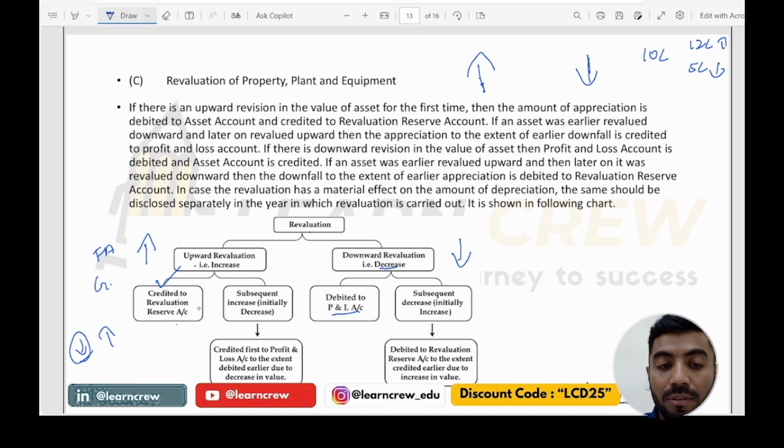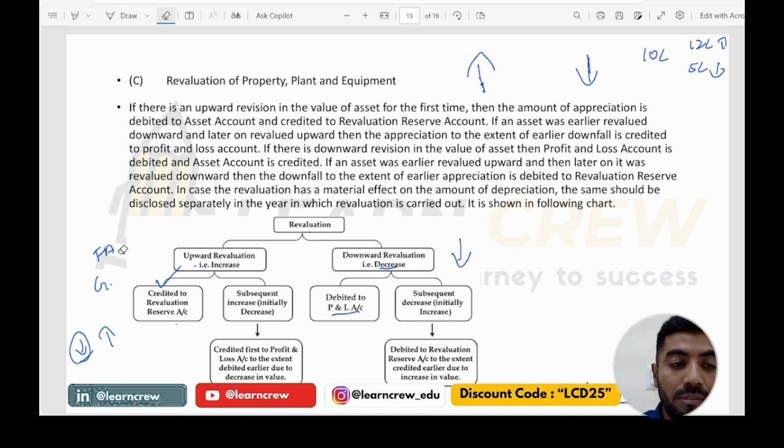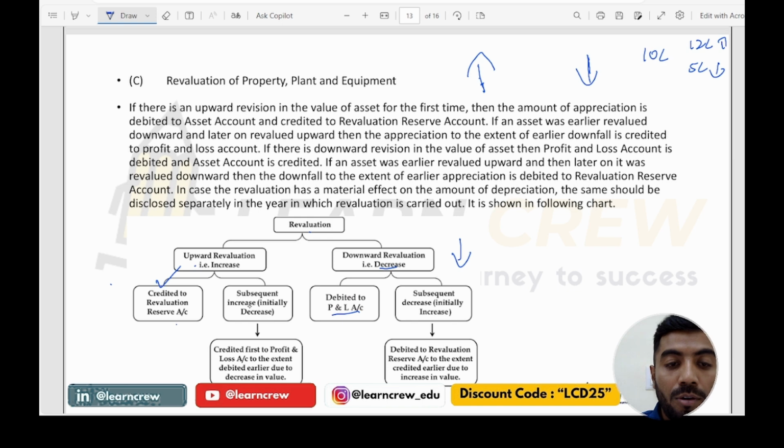Now this is just upward or downward. Now we'll see subsequent. In subsequent, what happens? When there is a subsequent increase, initially it decreased. Say for example, initially it was decreased for 2 lakhs.